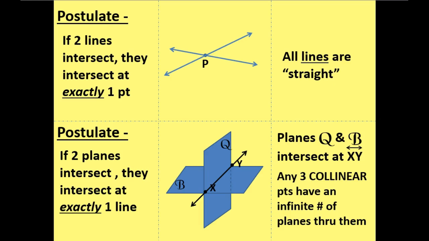And again, I could have drawn a picture where those planes were part of something, because a lot of times they are. We might look at them as sides of a prism or something like that, but you can also just think of them as planes that just float around out there somewhere. So 3 collinear points have an infinite number of planes through them.